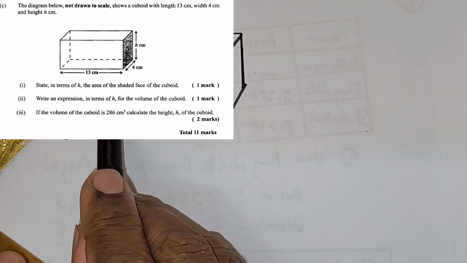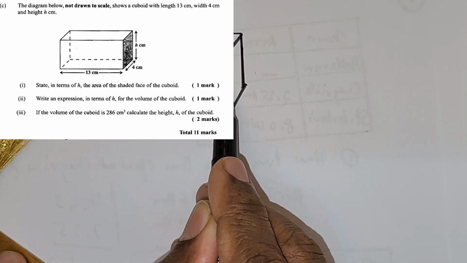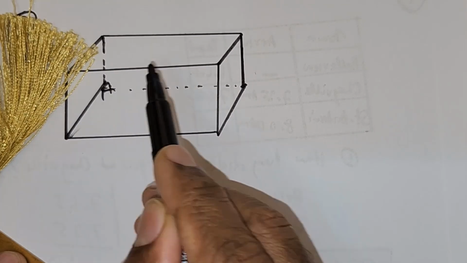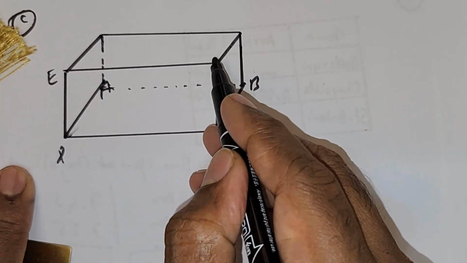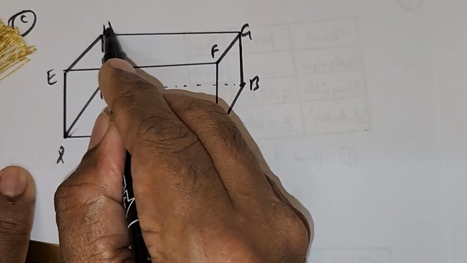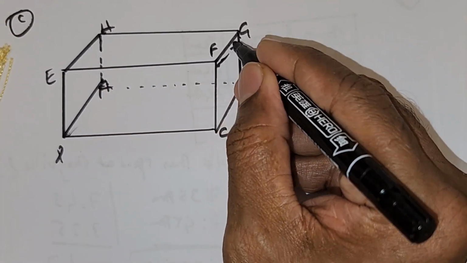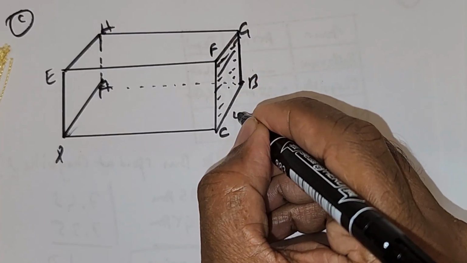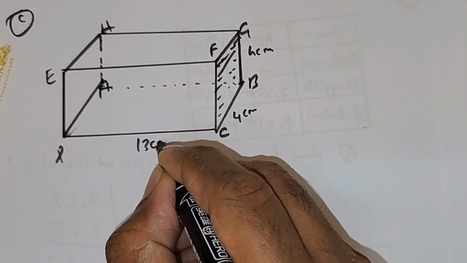It's an approximate figure. Let me label the vertices A, B, C, D, E, F, G, H. Now this region is the shaded region. We are given this is 4 cm, this is h cm, this is 13 cm.